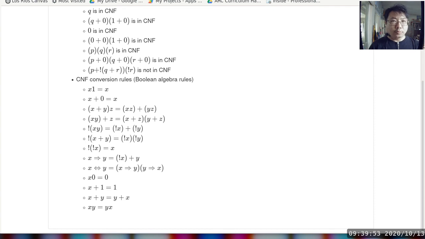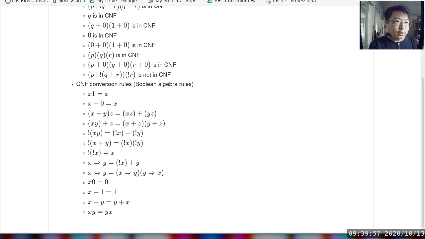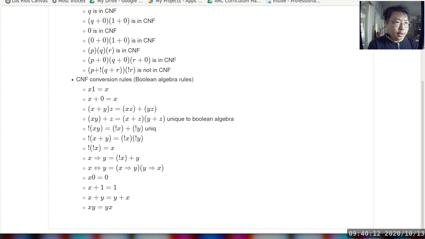Some are kind of awkward, and I can star the ones that are kind of strange. So this one is unique to Boolean algebra. If you compare Boolean algebra versus normal algebra, this one is unique. De Morgan's laws are definitely unique. This is also unique to Boolean algebra.